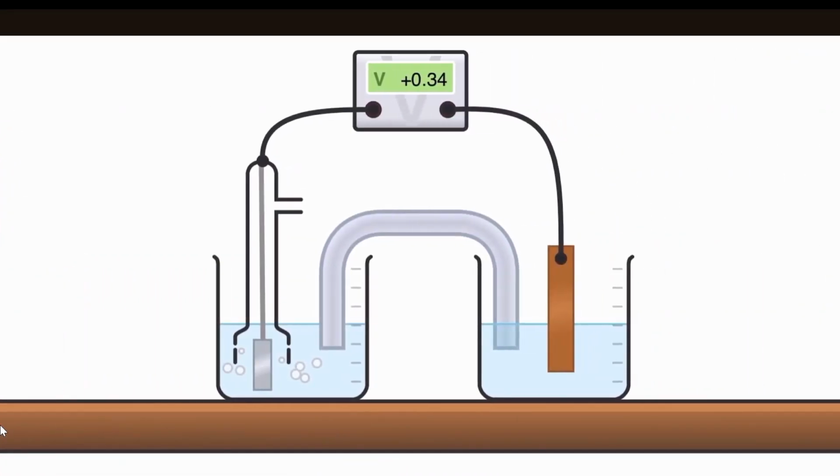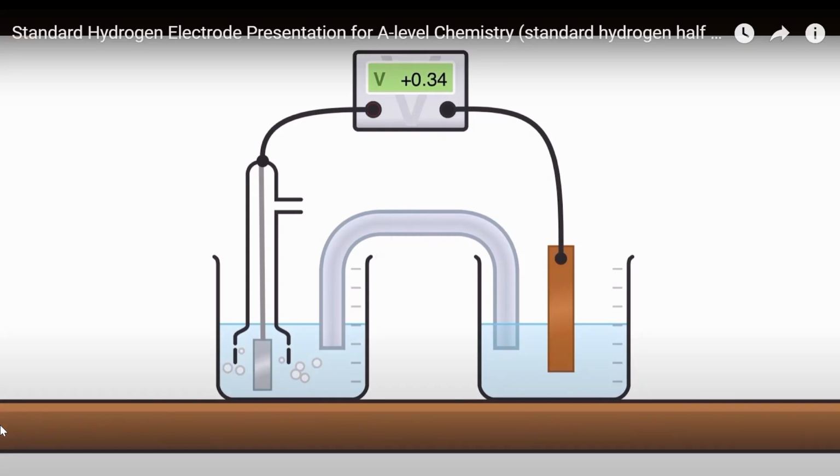For consistency, and to allow us to assemble an electrochemical series, the standard hydrogen electrode should always be placed on the left-hand side. On which side should we always place the standard hydrogen electrode? On the left-hand side. The reason for that is because the voltmeter is set up so that the left-hand side should be attached to the anode and the right-hand side should be attached to the cathode.